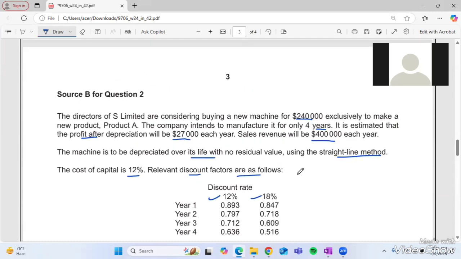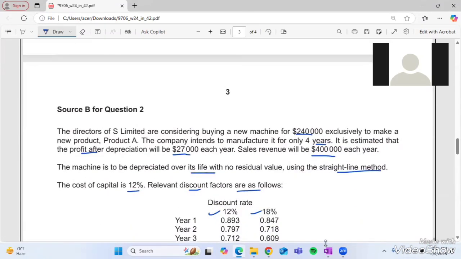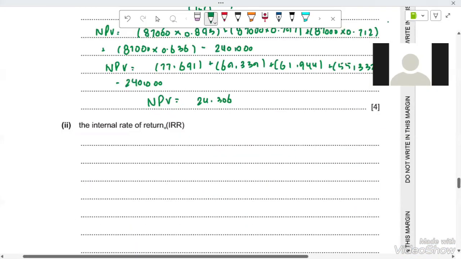Yeah. And now we are going to find out the IRR, internal rate of return.